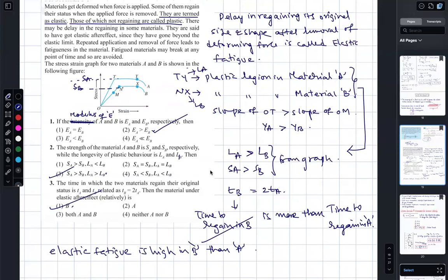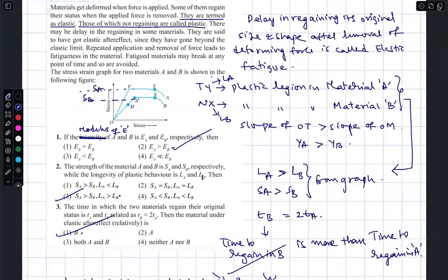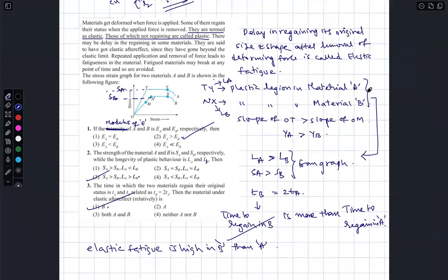Okay, but still it's up to you. Please tell me, have you understood this or not? Rohit, confirmation. Yes, sir. Yes. Clear? Yes. Right.